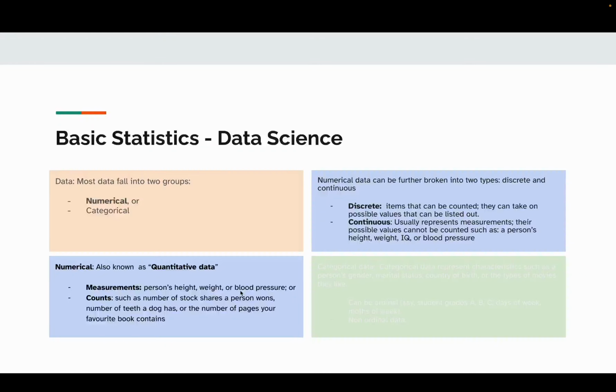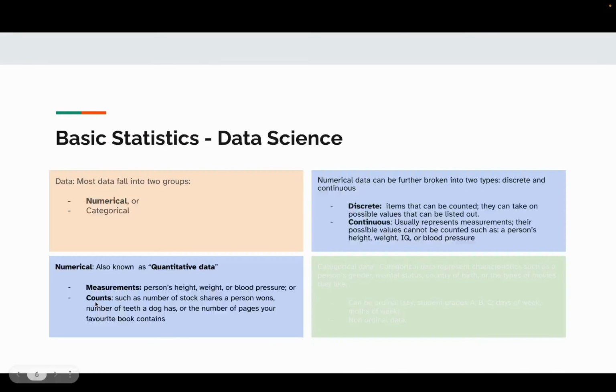And they can also be counts, for example, how many pages the reference book that we are talking about has, how many teeth your pet has. So one is measurement data, the other one is counts data.